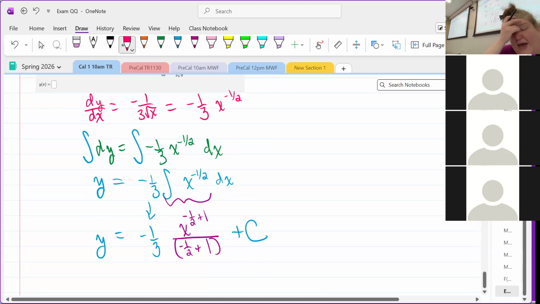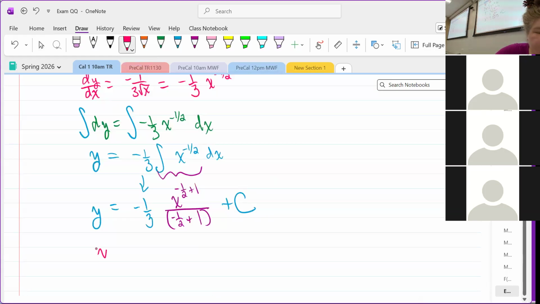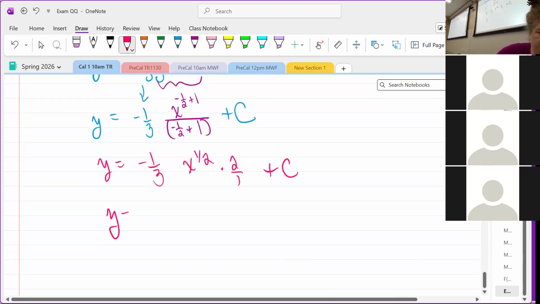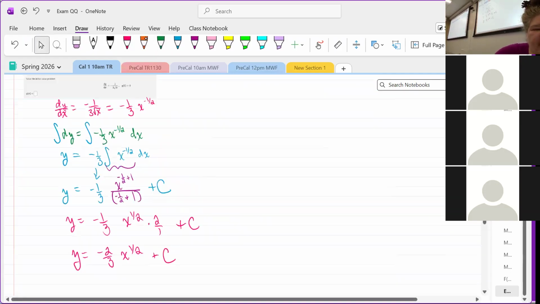All right, now before we actually plug in our value and do more work, let's clean this ugly mess up. So the negative 1/2 plus 1 is positive 1/2. So we're dividing by 1/2. So that's the same as multiplying by 2 over 1. So my function currently is negative 2/3 x to the positive 1/2 plus c. And now I'm going to go back to that initial value.